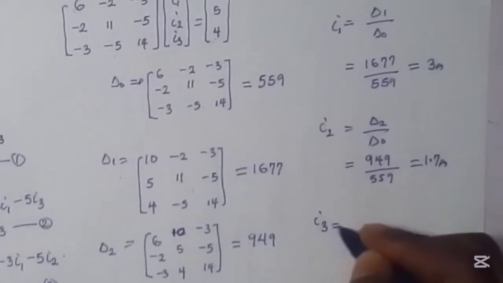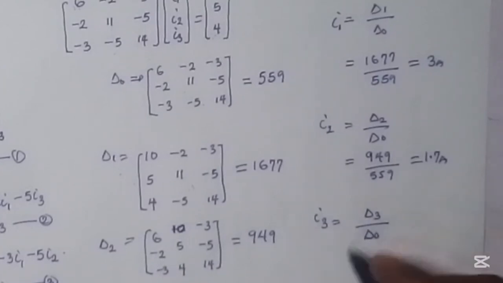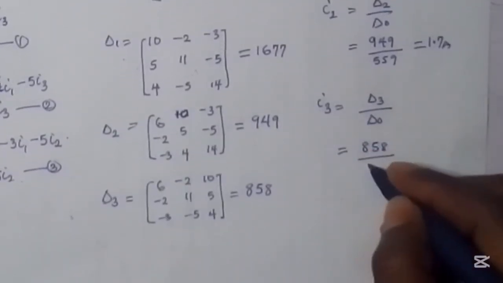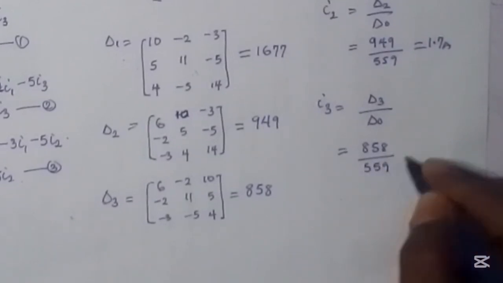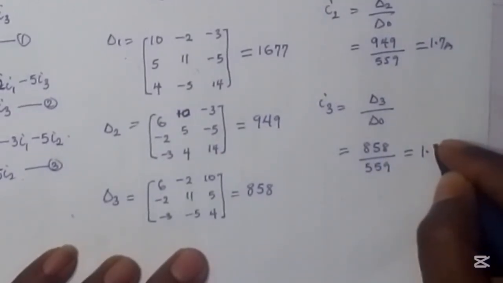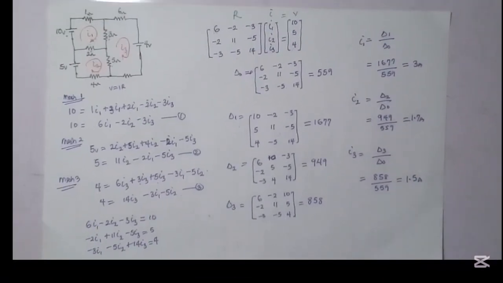So our I3 is 858 divided by 559, which will give us 1.5 amps. With this, we've been able to get the mesh currents in this particular circuit.